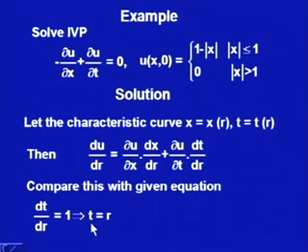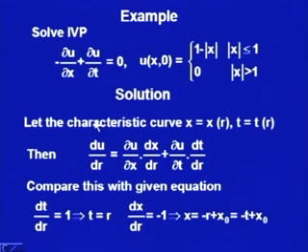So, the parameter we are fixing is the second variable t. The coefficient of ∂u/∂x, dx/dr, is minus 1, which gives x as minus r plus x naught, that is, minus t plus x naught. So, this is my characteristic curve.